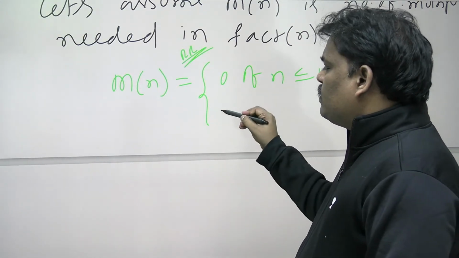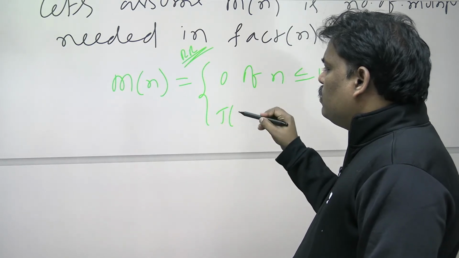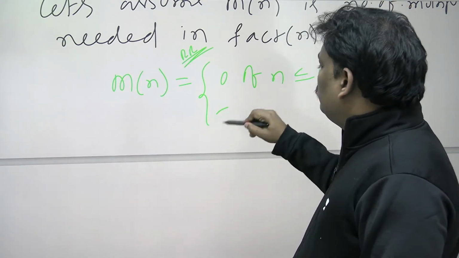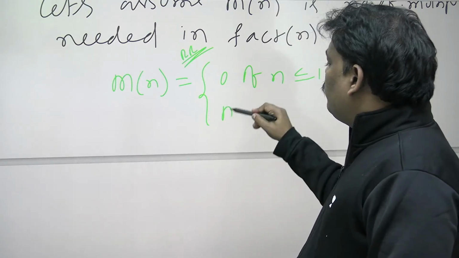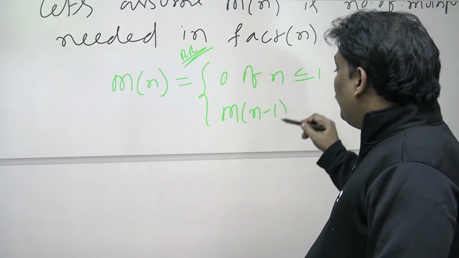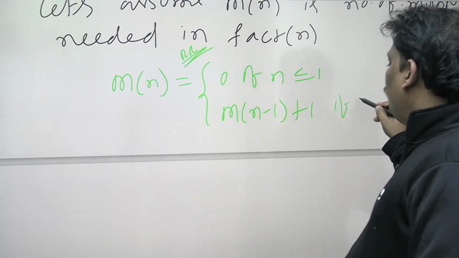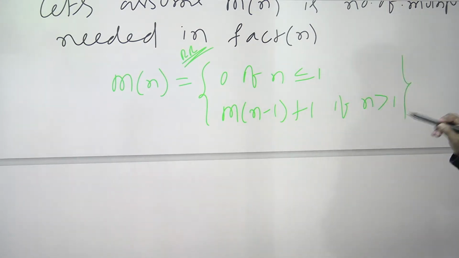Next one. M of n minus 1 plus 1 multiplication if n is greater than 1. Check. M of n, number of multiplications for fact of n, is 0 if n is less than or equal to 1. M of n is m of n minus 1 plus 1 if n is greater than 1.